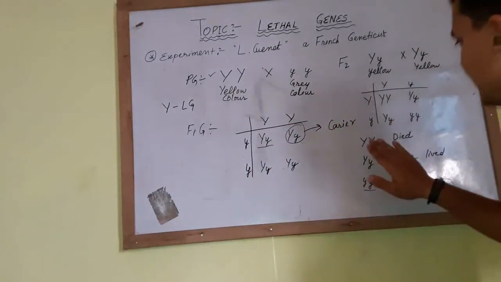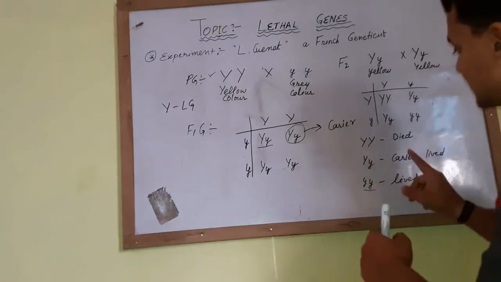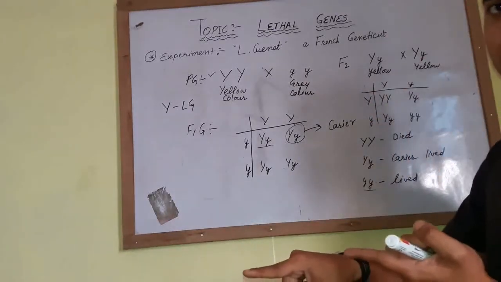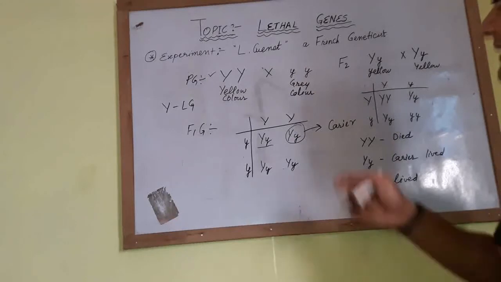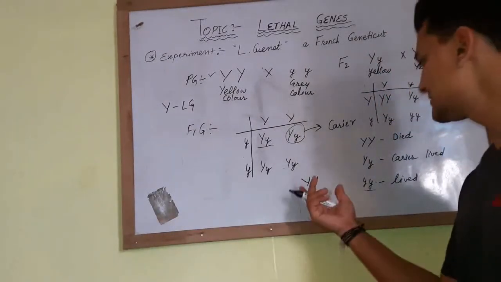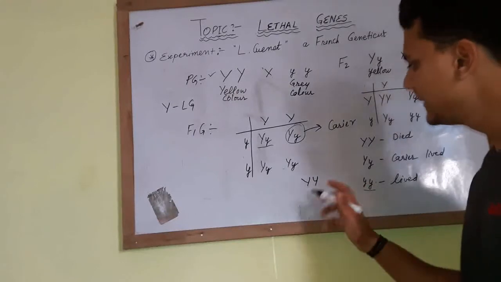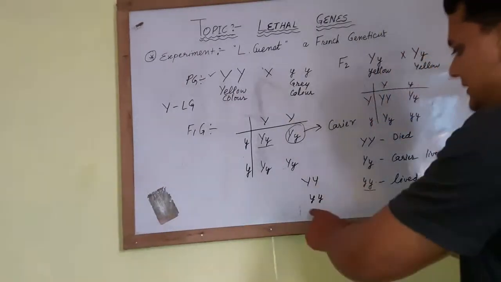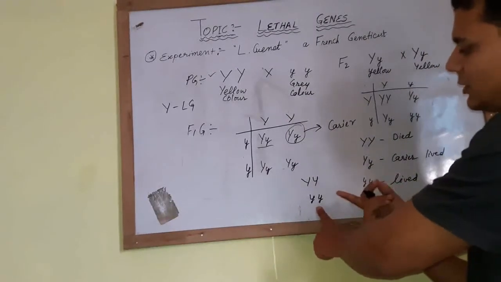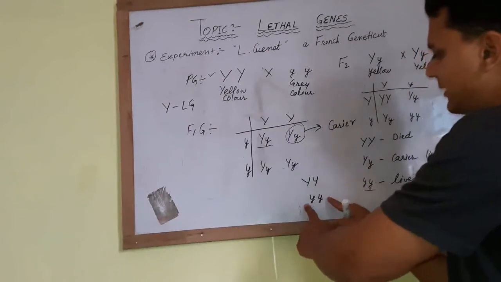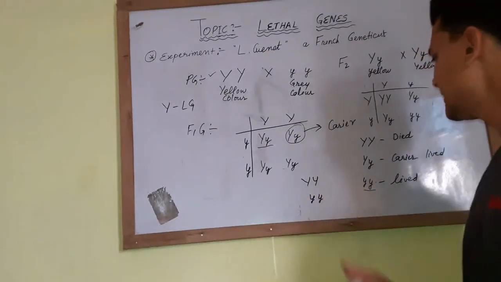But the pure case will die. If the pure case YY has the lethal gene, then this dominant capital Y will die. Or if the pure case yy, both recessive, has the lethal gene, then this pure recessive organism will die.